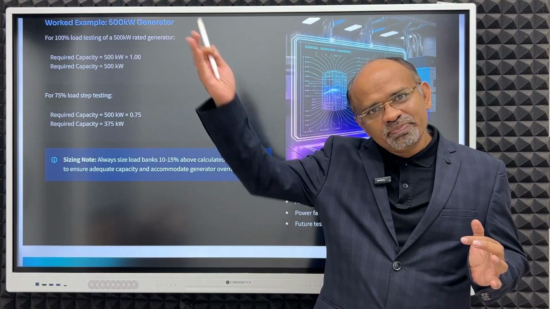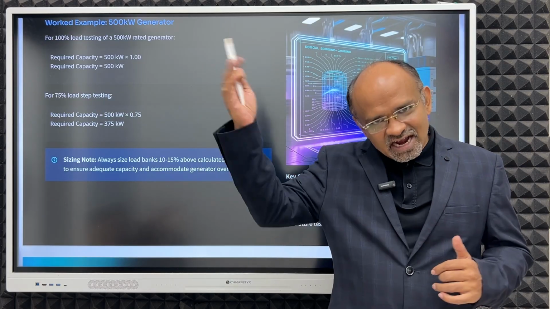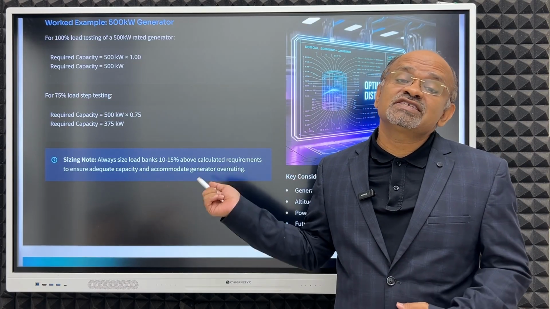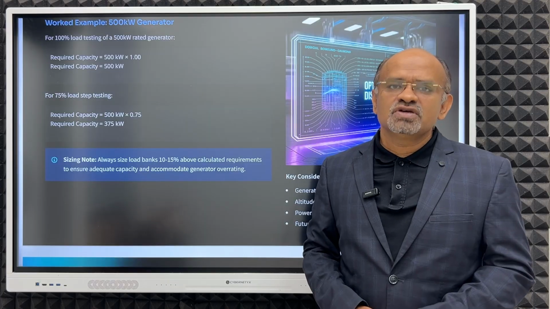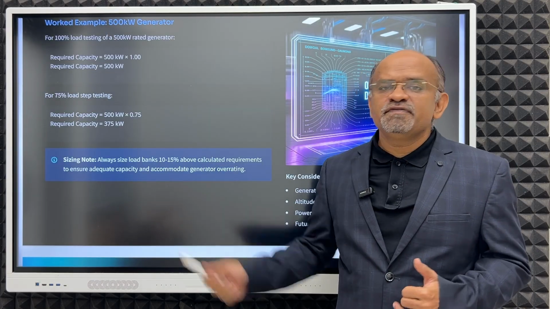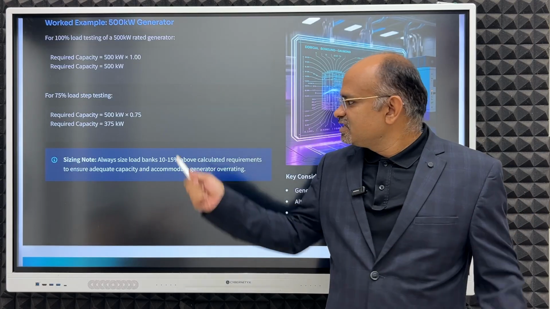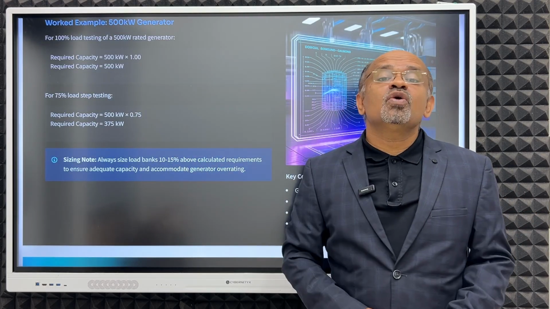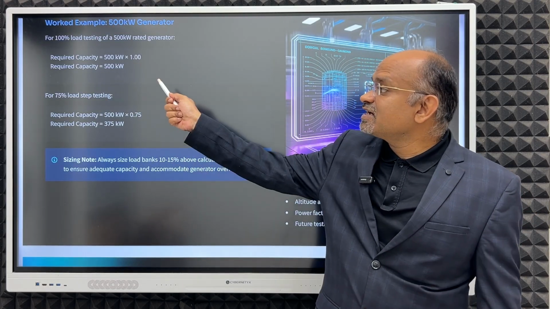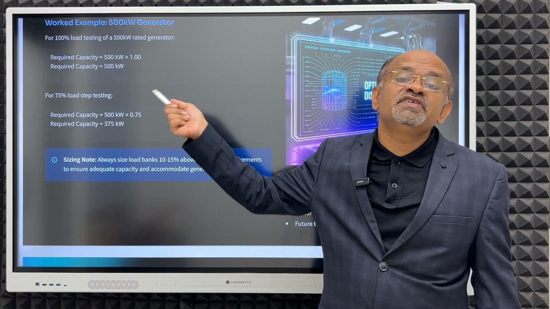Otherwise, you need to bring a bigger bank afterwards because it will not suffice for the DG load. So it is better to have a 10 to 15% higher capacity bank than the 500 kilowatt DG. So you should have a 510 or 515 kilowatt bank.